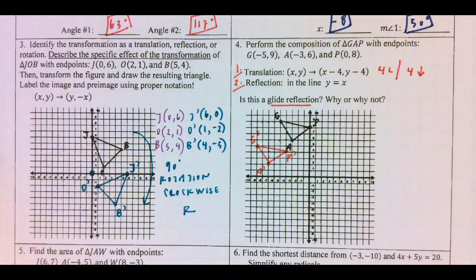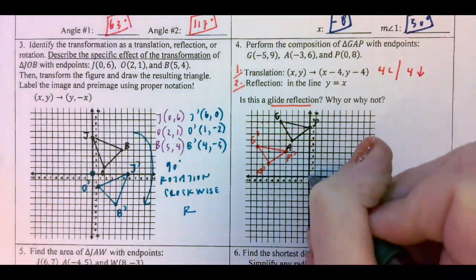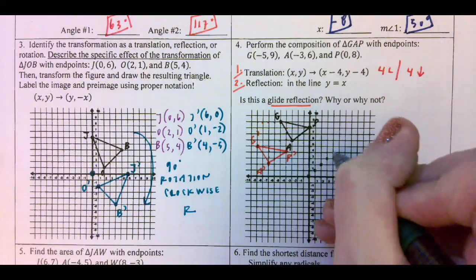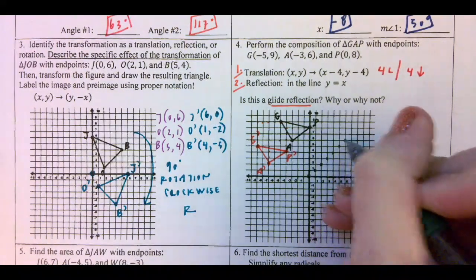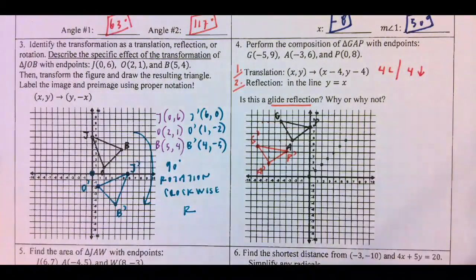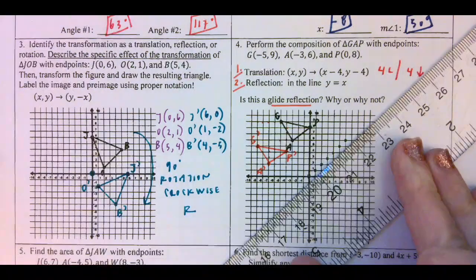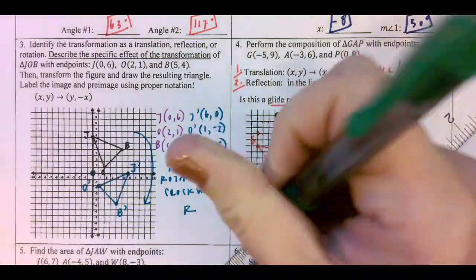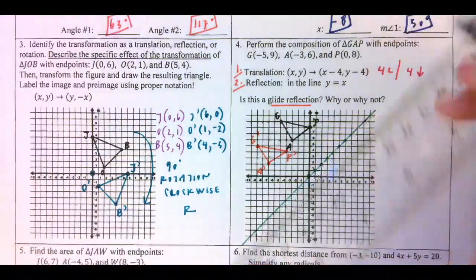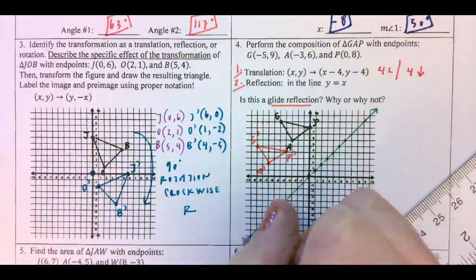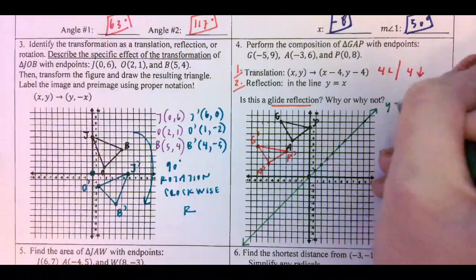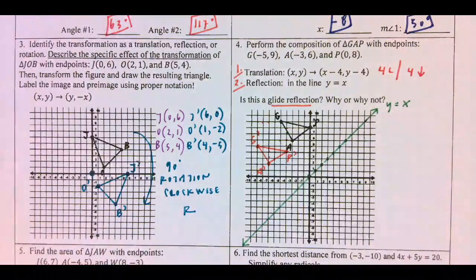So if I graph the line y equals x, I start at the origin and I go up 1, right 1. And I'm just going to go ahead and graph that so I see my mirror line right here. All right, so that's my mirror line. That's my line of reflection, y equals x.